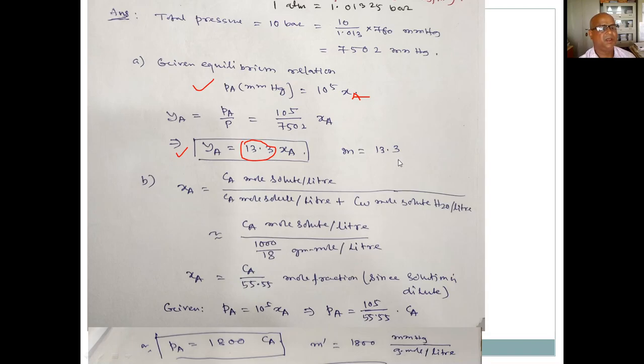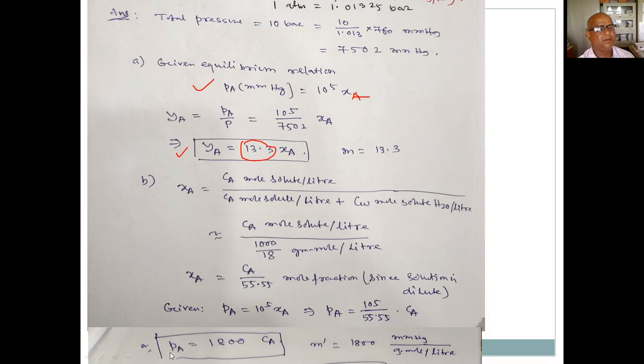In the earlier case m is unitless, since it is mole fraction, but in this case m dash has unit millimeter Hg gram mole per liter. So these are all Henry's equation in different forms. The first is given, the second is in mole fraction, both are mole fraction; this is concentration, and this is Pa, partial pressure.